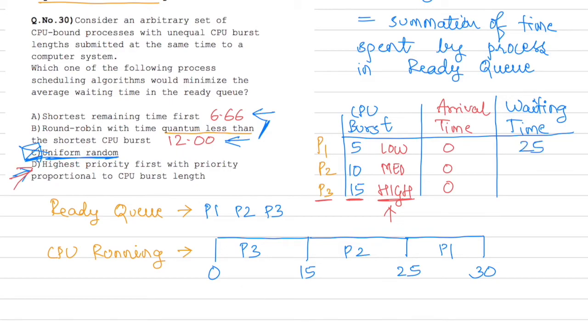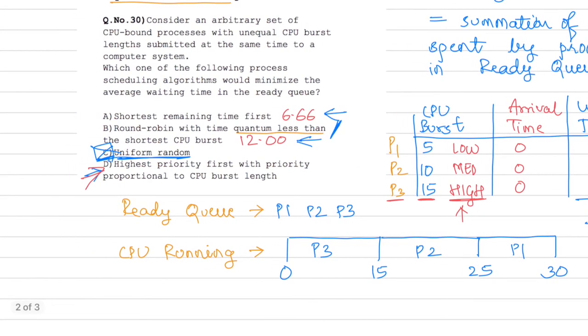Now if you focus on P2, P2 also arrived at 0th second, however P2 got the CPU at 15th second, so 0 to 15 P2 was also waiting, so that becomes its waiting time. And P3 arrived at 0, but P3 got the CPU at 0, so its waiting time becomes 0. So the summation is equal to 40 divided by 3, average waiting time becomes 13 3s are 39, so 13.33 becomes the average waiting time.